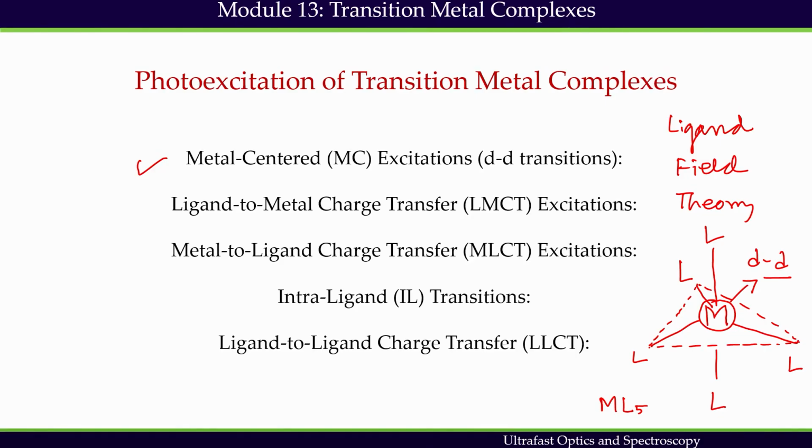Laporte forbidden because, in order to have a Laporte allowed transition, I need to have delta L not equal to 0. So, it is a Laporte forbidden transition. However, they are partially allowed due to vibronic and spin orbit coupling, and thus in general they exhibit lower excitation coefficients as compared to charge transfer excitation.